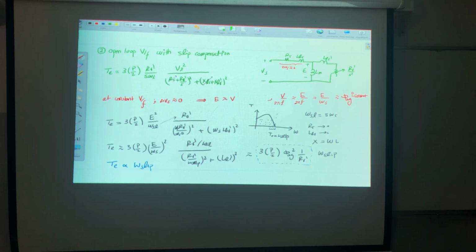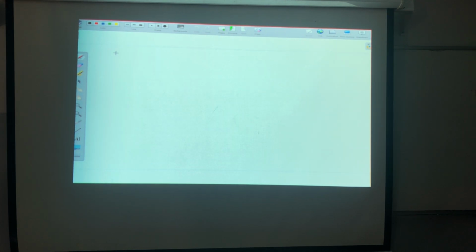Good. So the torque is proportional with omega slip. Do you remember? Someone will say I can calculate omega slip rated. This one is proportional with TE rated.